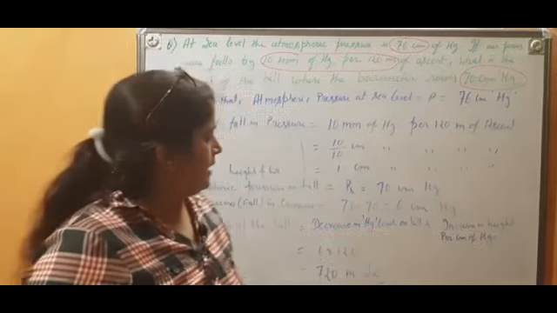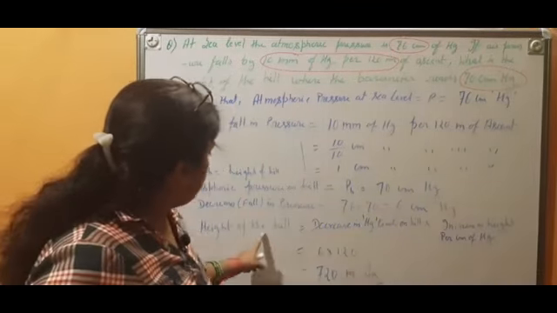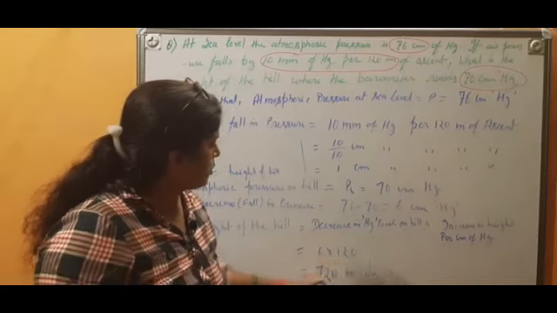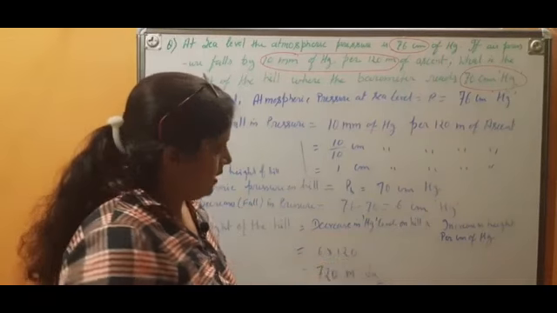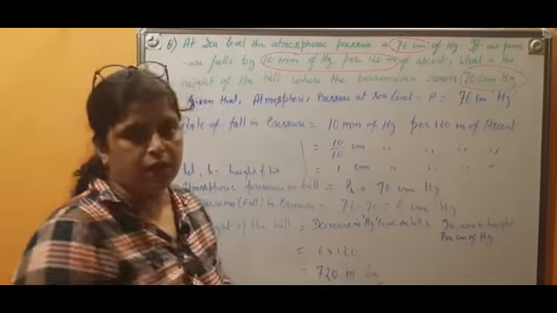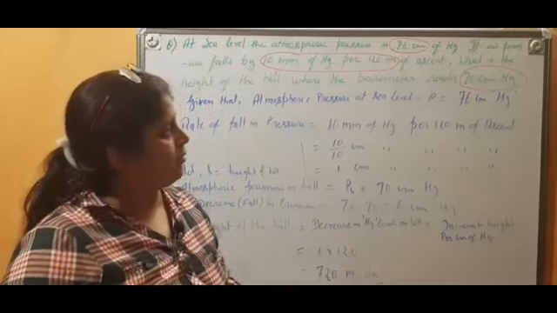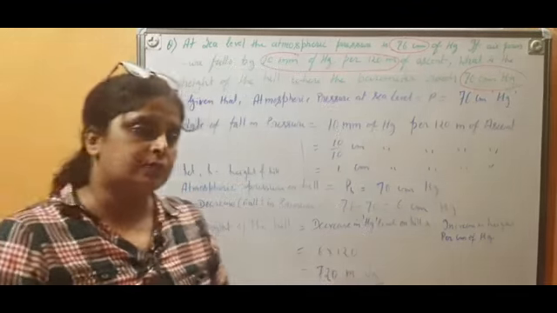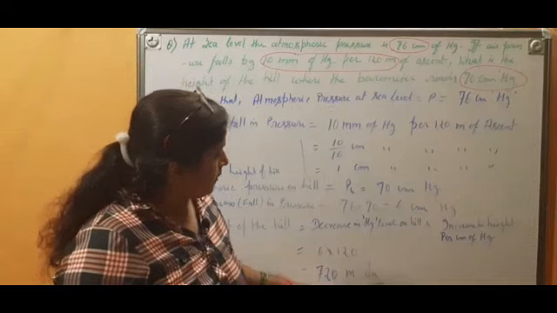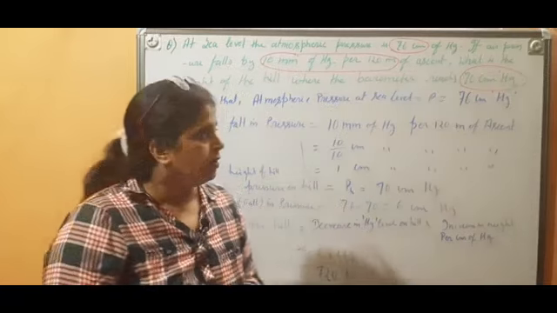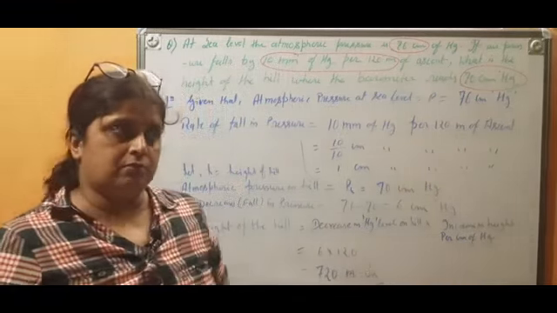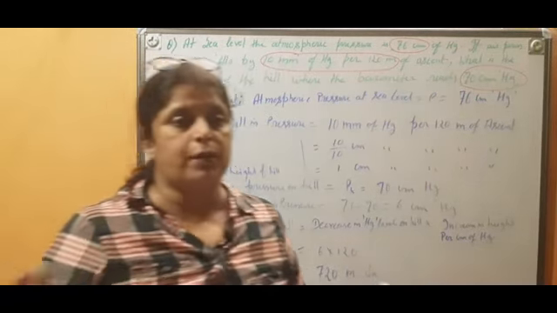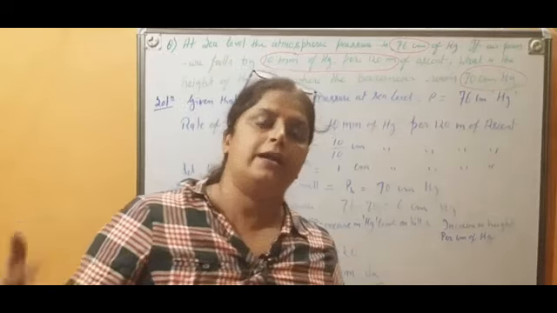For understanding, I have just written this line. You may directly write this thing and multiply 6 into 120, that is 720 meter is the height of the hill. Okay. So, in this way we may calculate the height of any place, and this height is compared with the sea level. That's why we are writing that use of barometer is for the calculation of the height of any place.